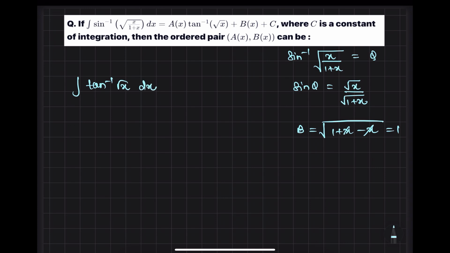Now we have to integrate this function. You know that we don't have any direct formula associated with inverse functions, so I'll be using integration by parts. If you have an inverse function, you take it as the first function. So we will multiply by 1, it is the same thing, no?